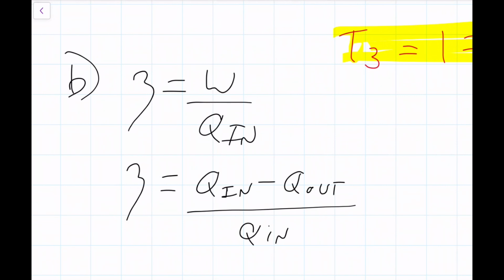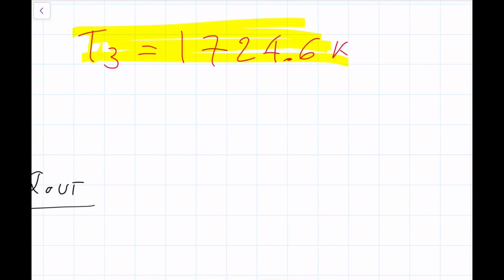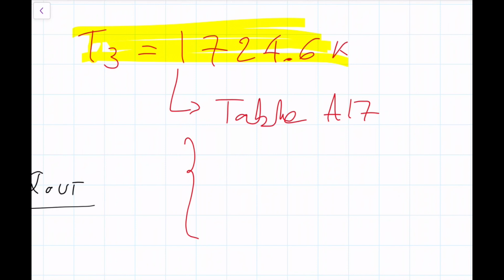Right, so at the moment we don't have either of those, but we have defined T3. And with this T3 here, once again we can go to our table. So we can go to table A17 once more, and we can grab heaps of information for the third state. In this case here, I'm going to grab the information for VR, because I can use that to calculate my fourth state.